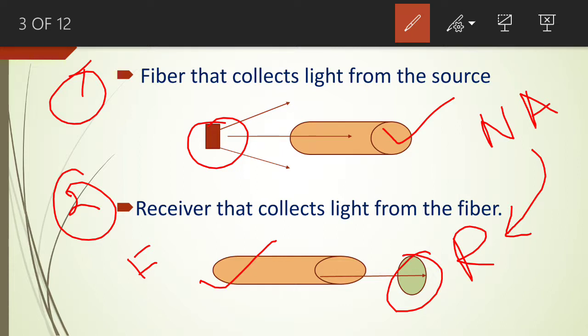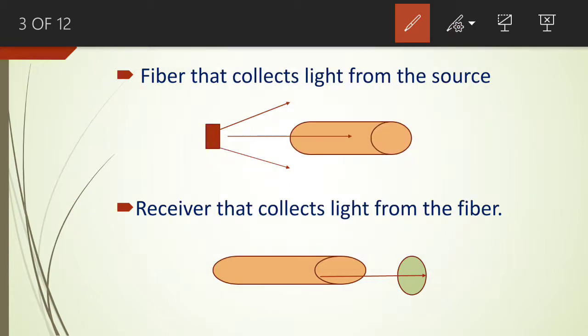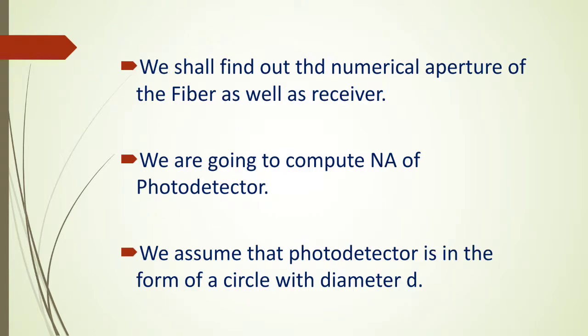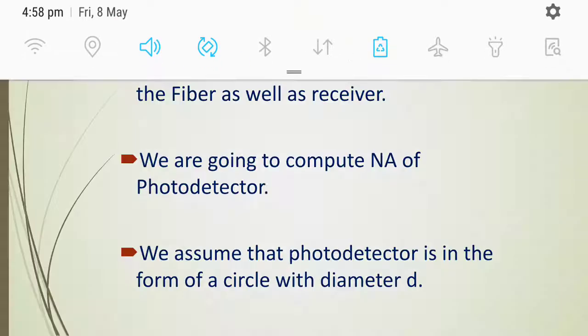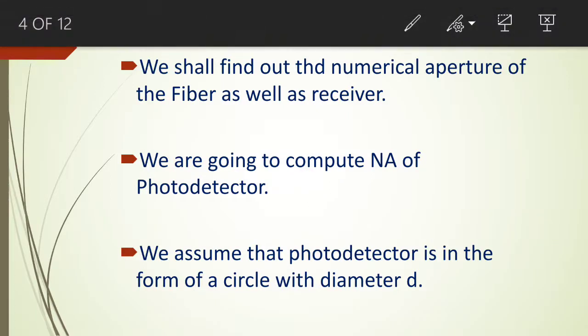We need to find out the numerical aperture of these two light collecting systems. So we shall find out the numerical aperture of the fiber as well as the receiver.